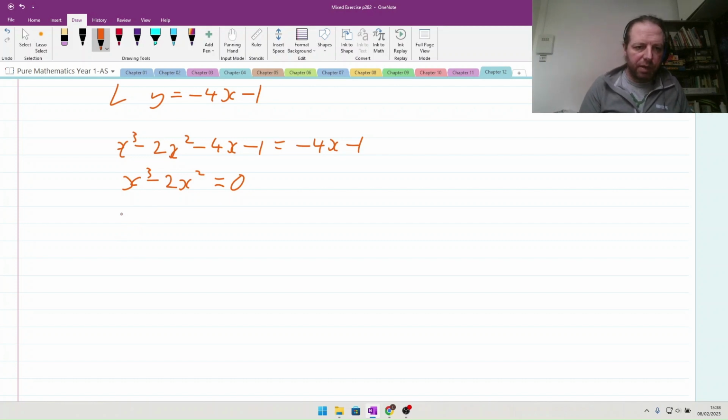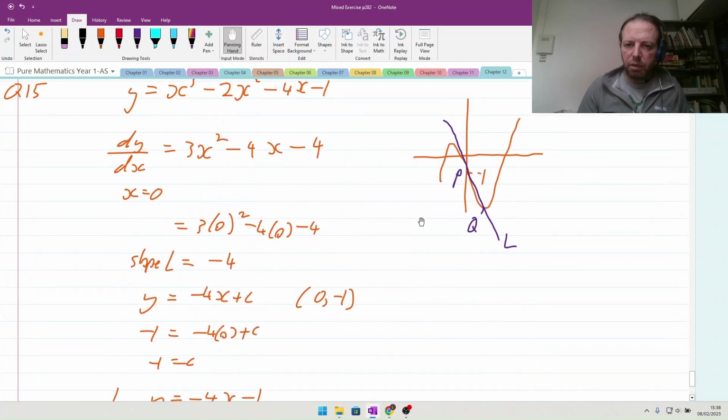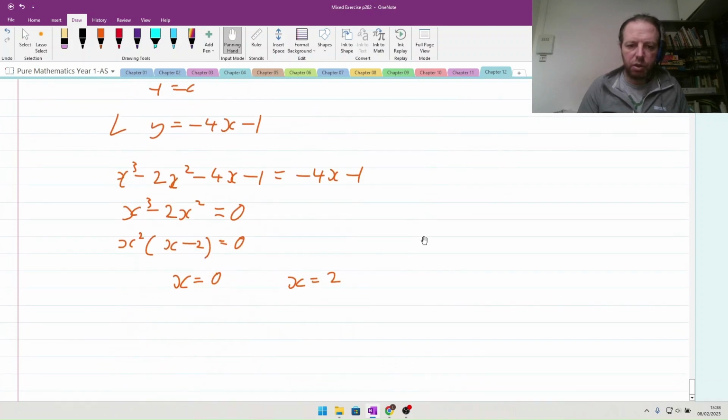Let's do a bit of factorization here. So x squared times x minus 2 equals 0. So we've got x is equal to 0, and we've got x is equal to 2, which makes sense because we know it's equal just at the point of 0 where it touches the tangent, and then moving along a bit when x equals 2.